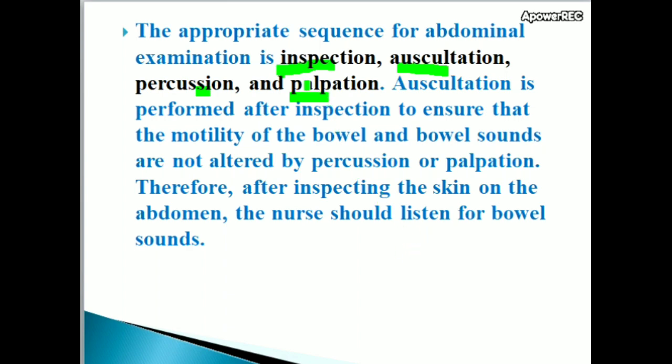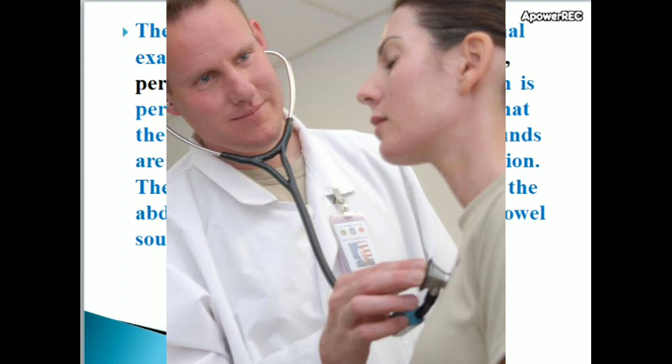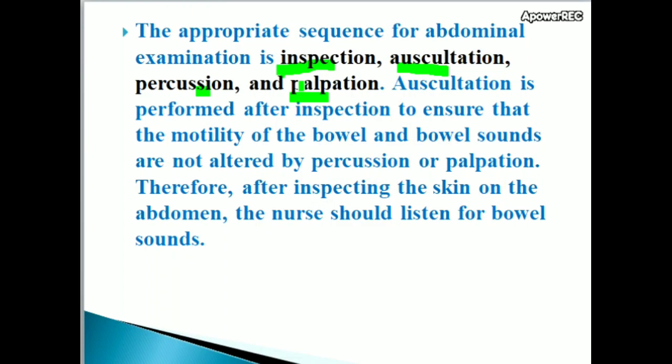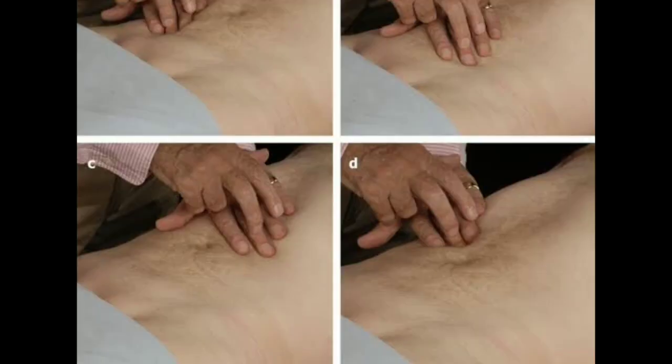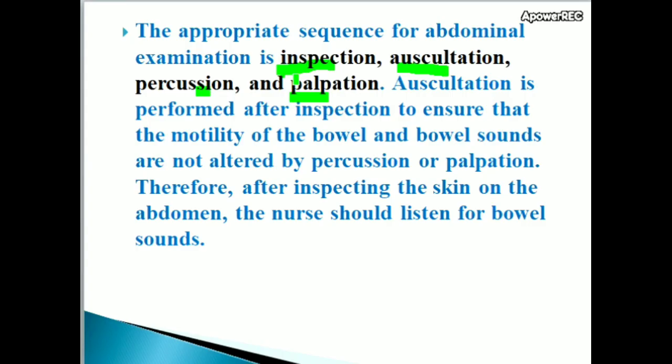So I will explain each one. What is inspection? Inspection means close watching or looking. Then auscultation, the second one, is listening to organ sounds. You can use a stethoscope. Then percussion. Percussion means tapping of the skin. Finally palpation.